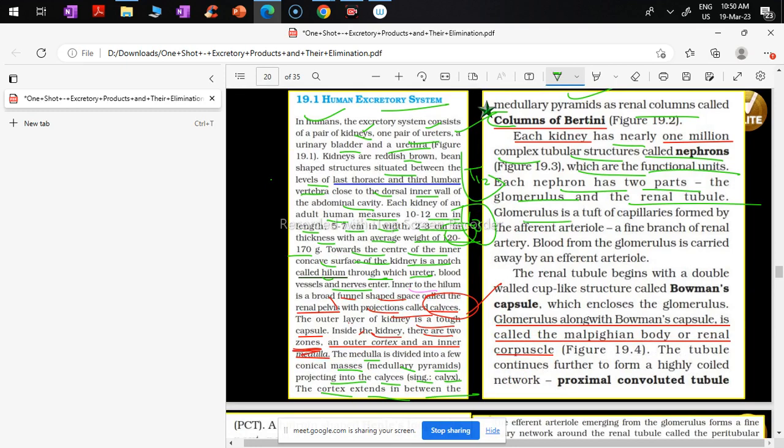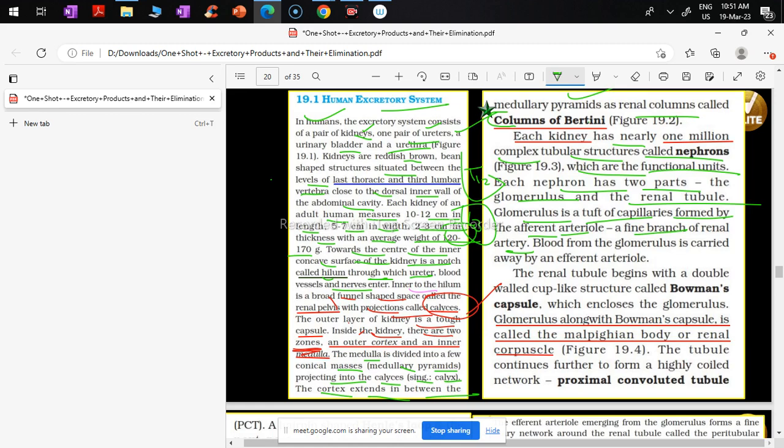Now, the glomerulus is a tuft of capillaries. Tuft of capillaries means a group of capillaries, as we have seen in the diagram, and it is formed by the afferent arteriole, a fine branch of the renal artery. Arteriole means something smaller than arteries, a small artery.